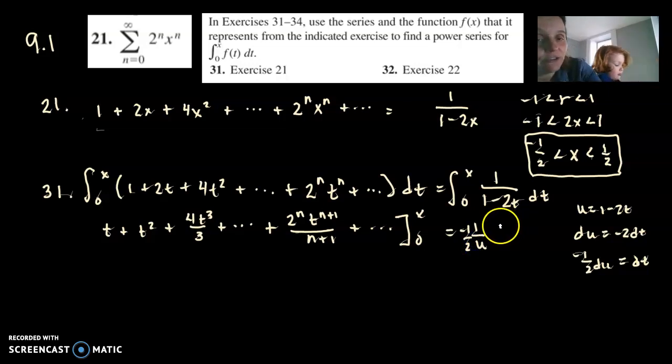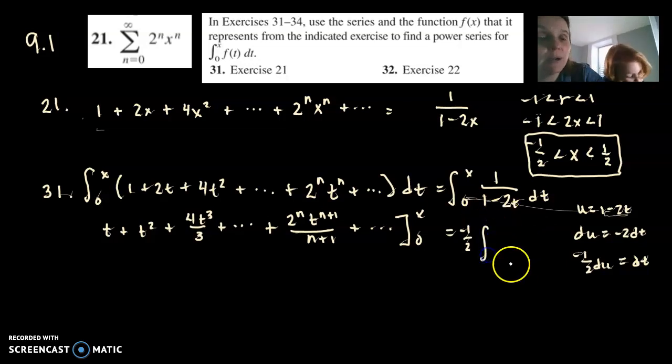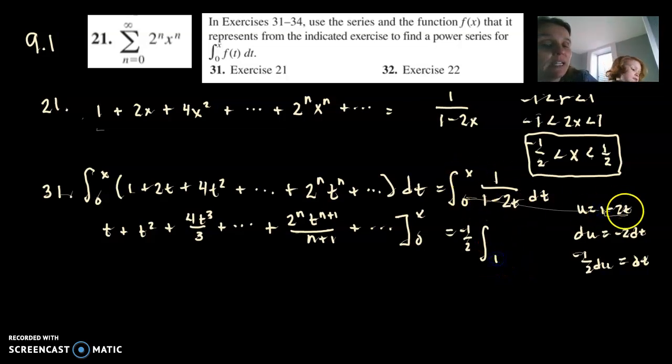Oh, I haven't done an antiderivative yet. I'm sorry. Let me back up. So I have -1/2, and I'm going from 1 if I plug in 0, to 1 minus 2x if I plug in x. And I'm doing 1 over u, du.